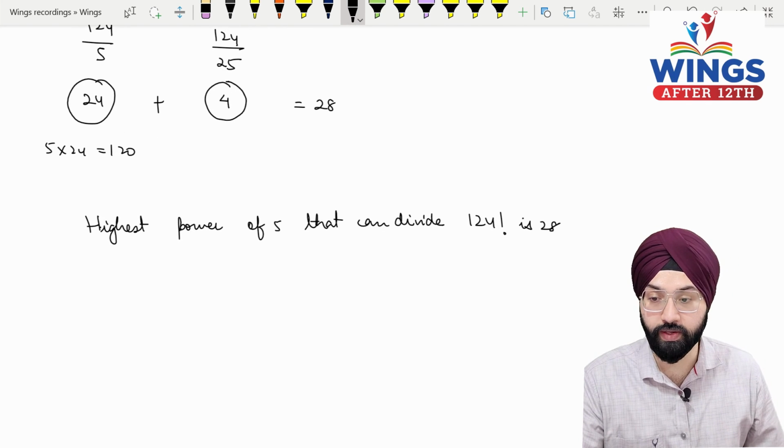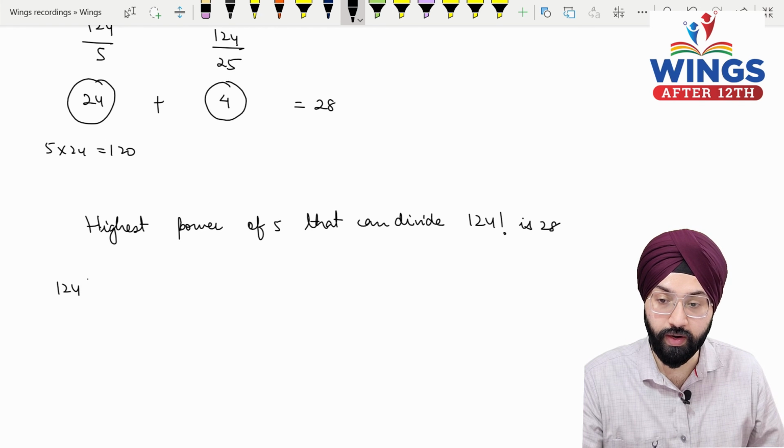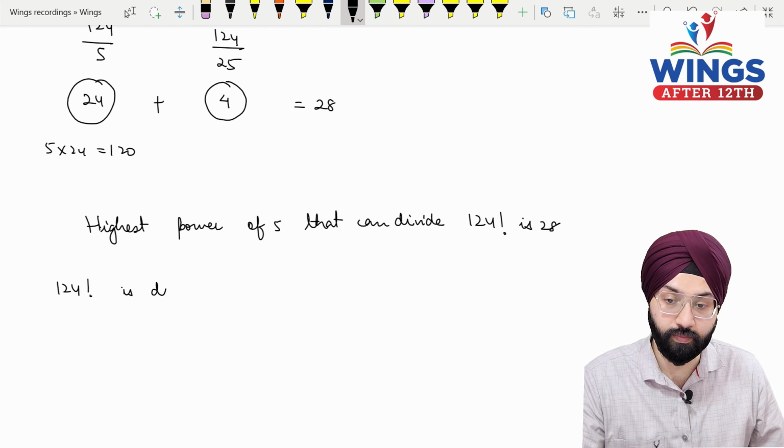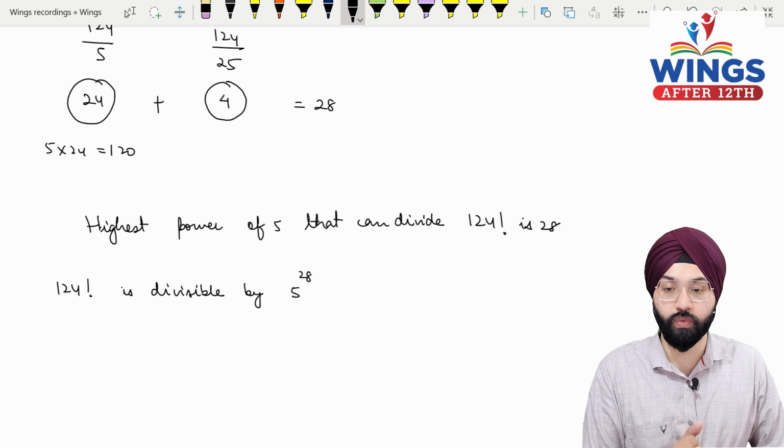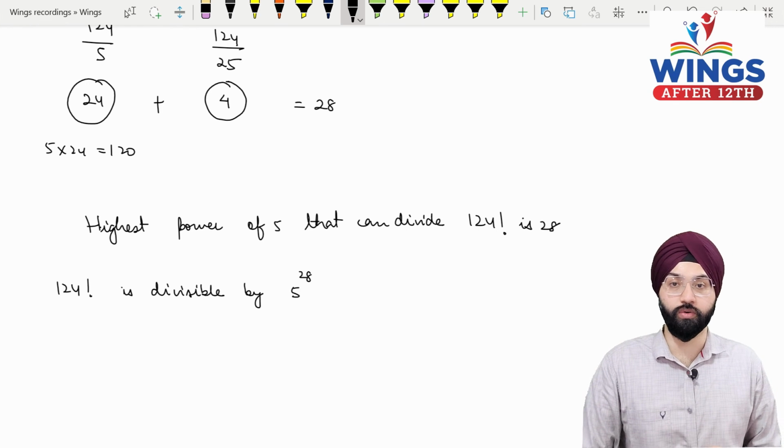Or in other words, we can say 124 factorial is divisible by 5 to the power 28. So 5 to the power 28 is the highest power of 5 that can divide 124 factorial.